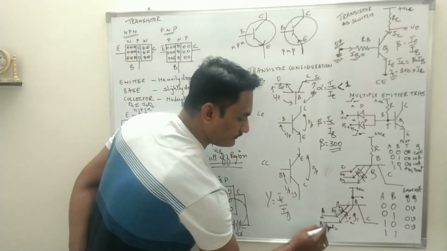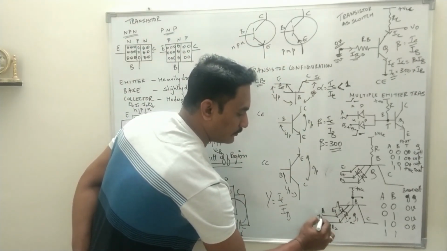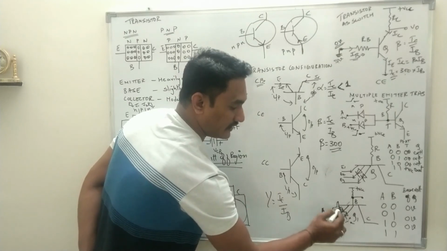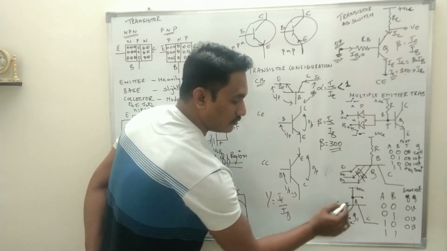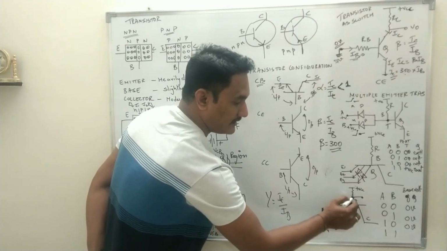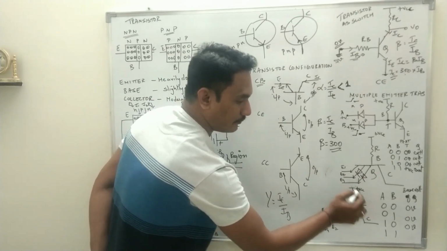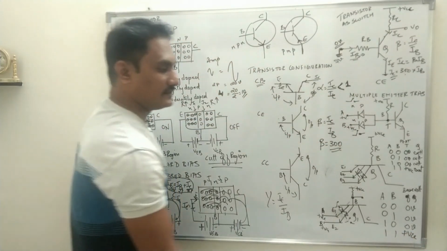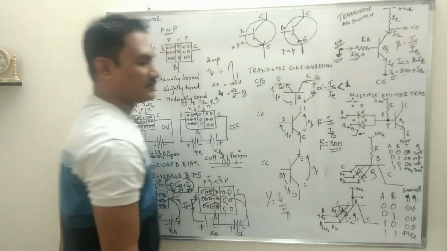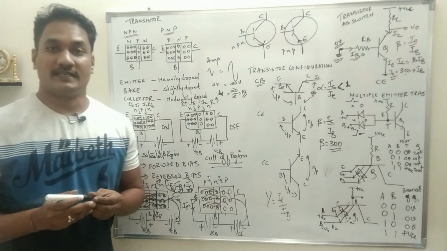And 1 1, that means when both the inputs are positive, both the diodes are reverse bias. That means both the diodes are acting as open switches, so no current will flow through the diode. Now B is connected to which polarity? Plus VCC. The potential at base voltage of transistor Q1 will be plus VCC.